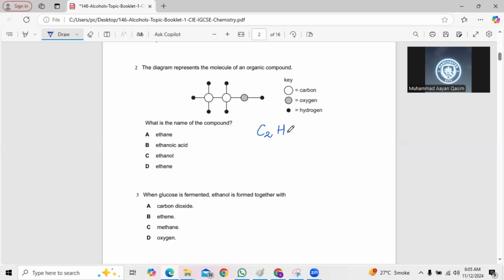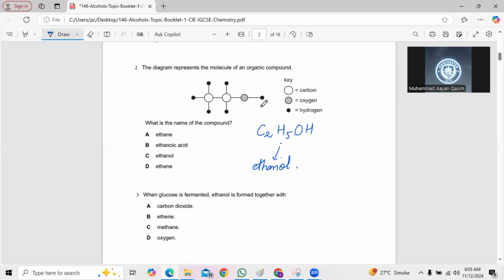There are five, and this is going to be oxygen, and this is again hydrogen. So this compound is called G. It's an alcohol. Can you tell which alcohol this is? Ethanol. Yes, that's going to be ethanol.